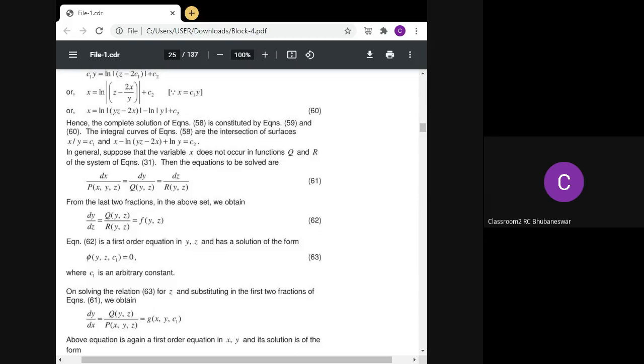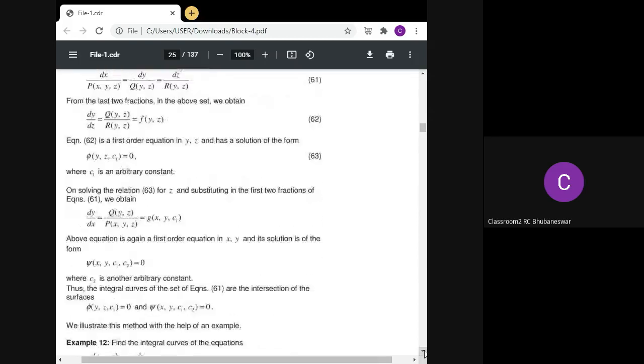After solving this equation, we get a solution in the form of a function phi of y, z, c1 equals 0, where c1 is an arbitrary constant. Similarly, in the first two fractions we substitute the value of one variable, it may be y or z, from the solution in equation 63, to express the relation in two variables x and y.